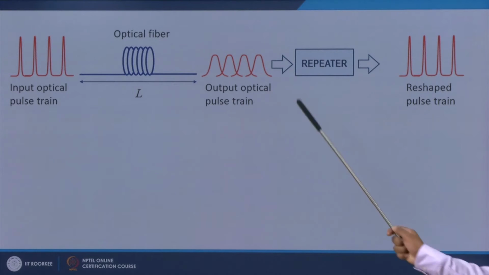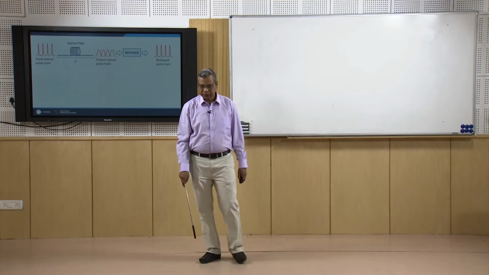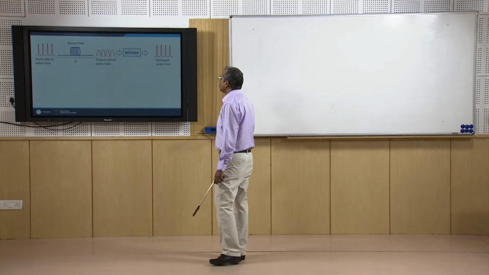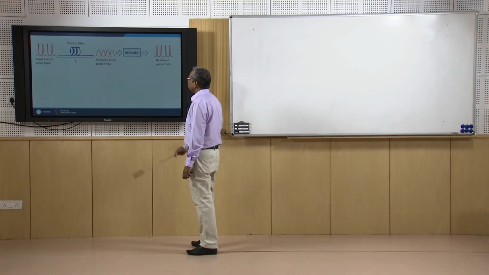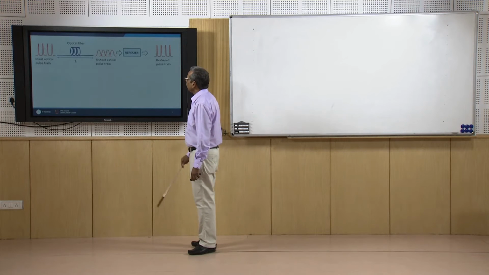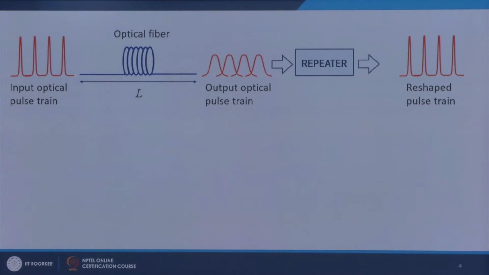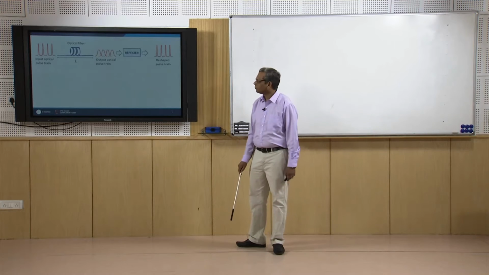Before we lose any information which is embedded in this pulse train, we need to reshape the pulses, and this is done in a device which is known as a repeater. This repeater reshapes the pulse train and brings it back to its original form.